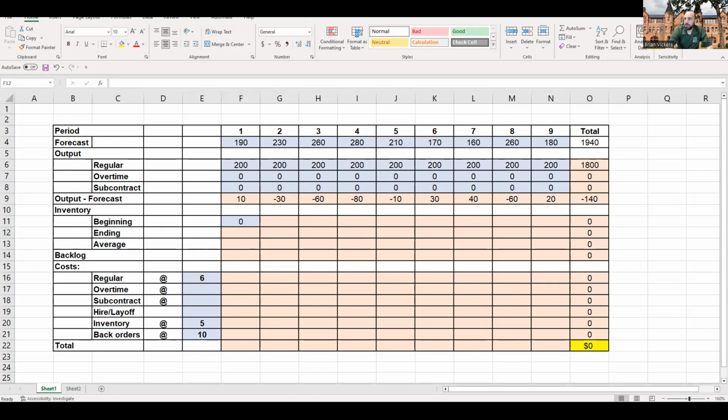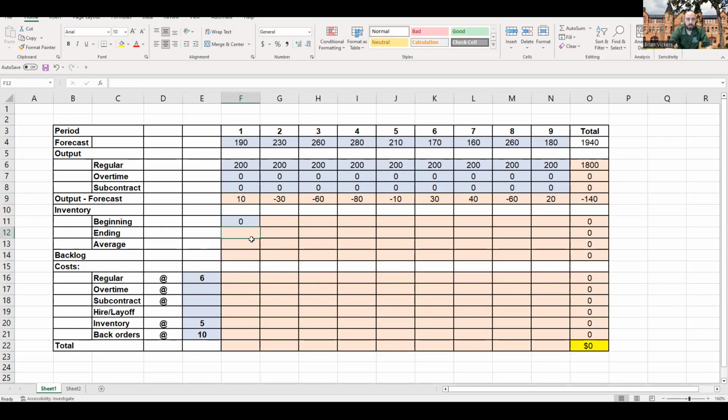Okay, so with ending inventory, what we want is that if my output minus forecast minus my backlog is a negative number, we want to just show 0 ending inventory. And then we're going to make another formula under backlog that will show the positive number there.